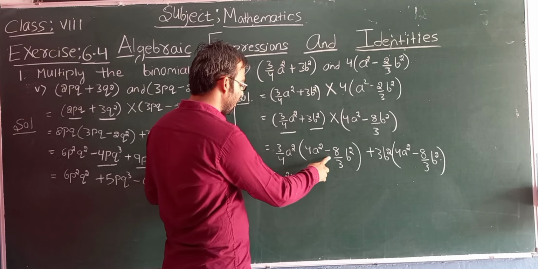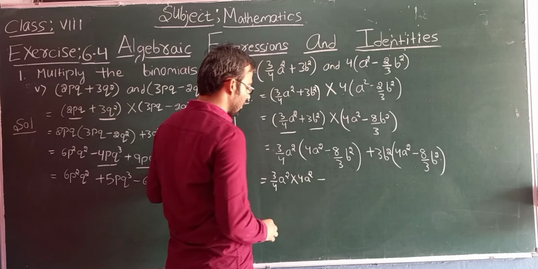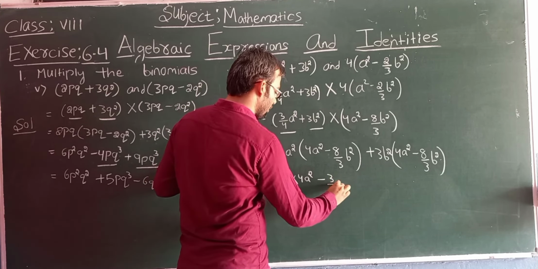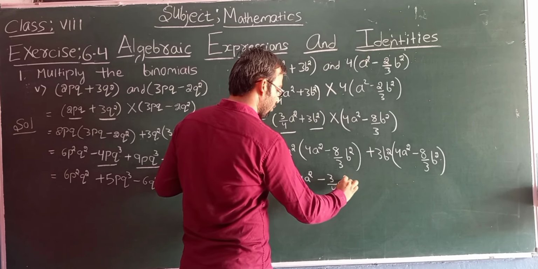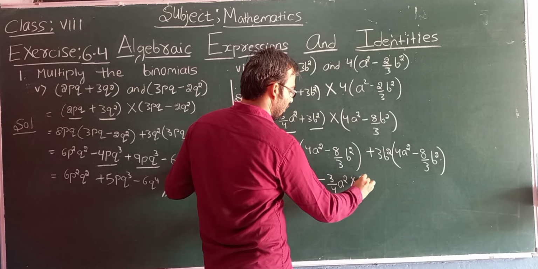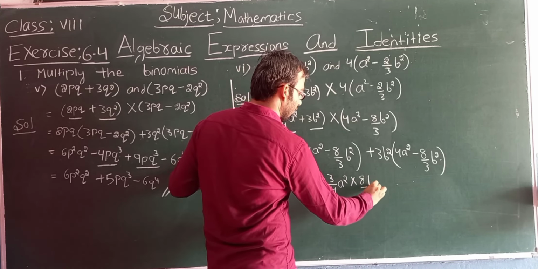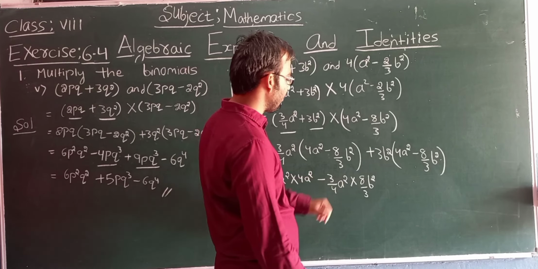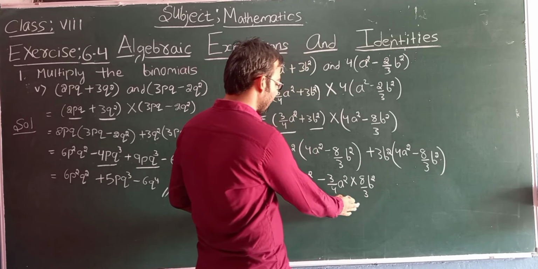So plus into minus will be minus. Next 3/4 a square into 8/3 b square. Now this part gets completed.